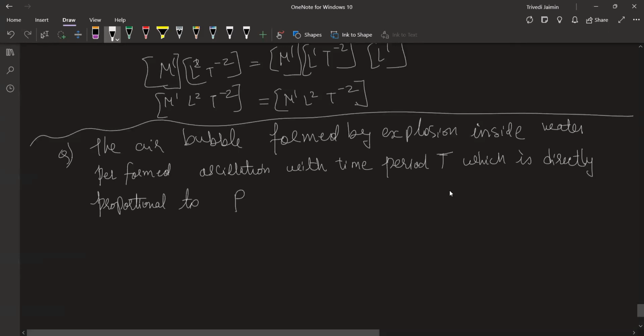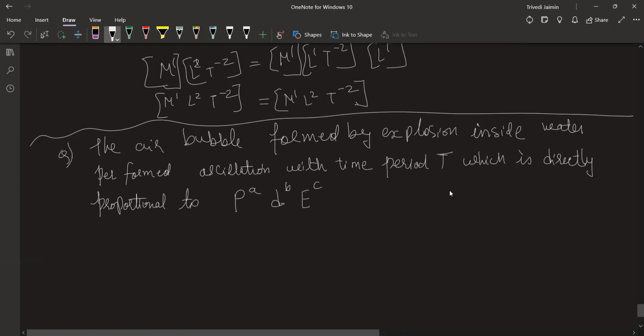P to power a, D to power b, E to power c. Now we need to find this A, B, C. A might be 1, so it will be in the numerator, power 1. B, if it is -1, then it is in the denominator.